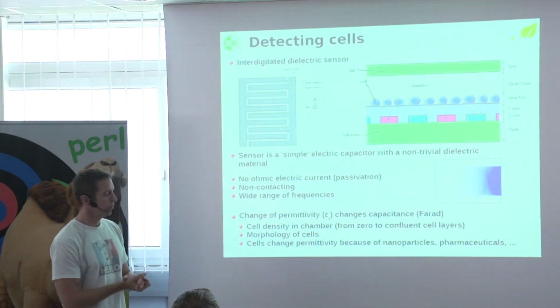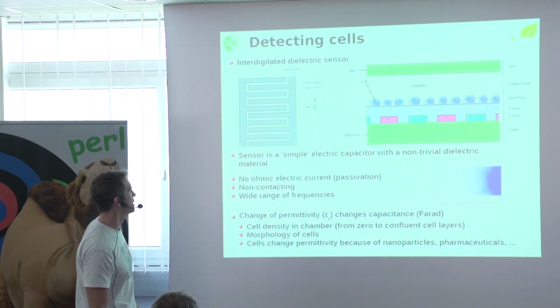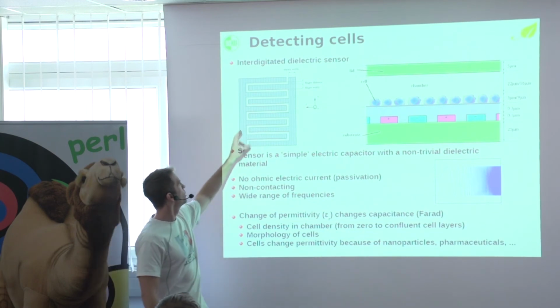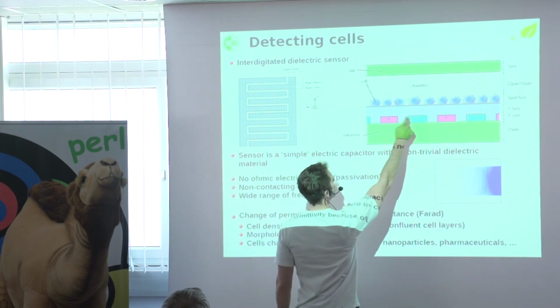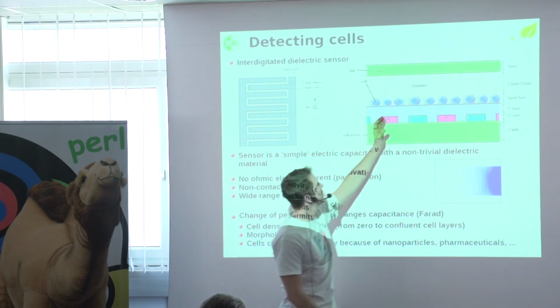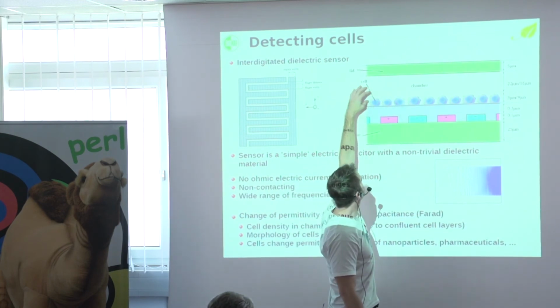Good. So what we were working on was increasing the sensitivity of the dielectric sensor. This is a kind of finger sensor where we put voltage on it. So this is a cross section. Here we have the electrodes, and the electric flux enters the cells. This is the chamber.